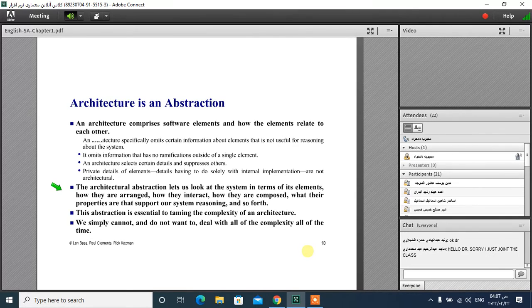We want to just focus on these attributes of the system. This abstraction is essential because it helps us to tame the complexity of an architecture. If we consider all the details of the system, the complexity will be very high. We cannot decide properly. We simply cannot and also do not want to deal with all of the complexity of these elements and their internal implementations.